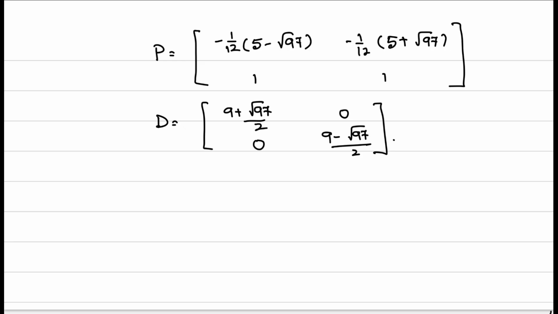However, when you go step by step to find P, called the model matrix, and D, the diagonal matrix, then we can say that A is equal to P inverse DP, and A to the power of n is equal to P into D to the power of n P inverse.